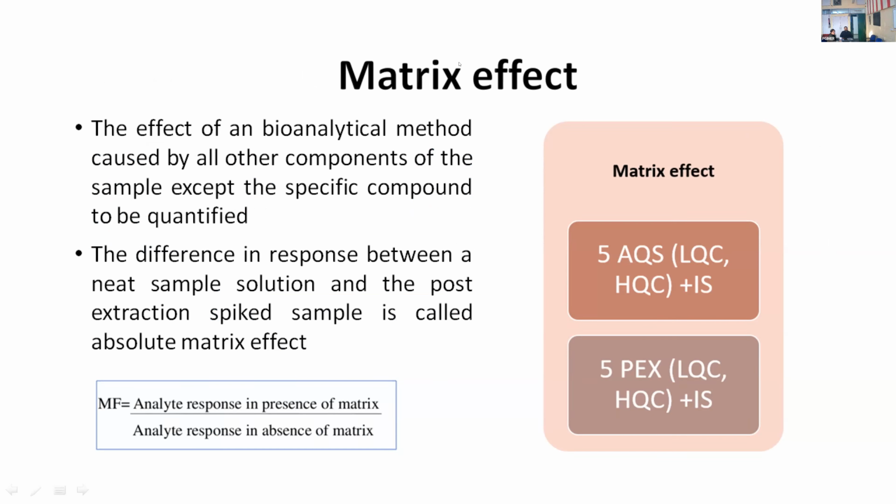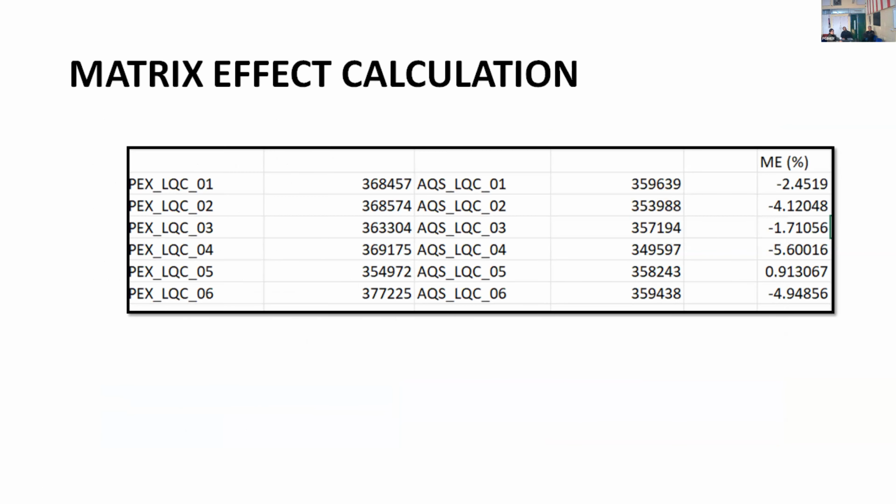So here we want to see the change or effect on a bioanalytical method in the presence of a matrix, that is the plasma, for example. We will compare the areas and see the change. We'll see the percentage, and that is the matrix effect percentage.